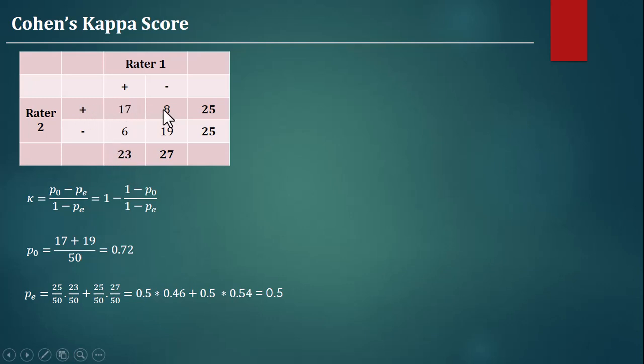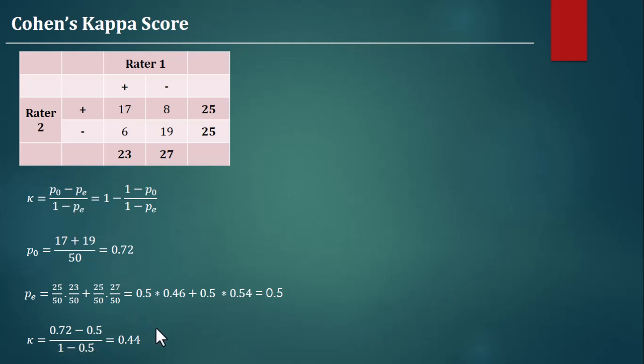So we go row-wise, looking at the agreement on positive samples, so that is 25 by 50 and 23 by 50, the probability of positive. Similarly for negative we follow this column and this row, so that will be 25 by 50 times 27 by 50. So that gives us 0.5 times 0.46 plus 0.5 times 0.54, so PE is 0.5. And from these two values of P0 and PE, we can compute the Kappa score. We put the values of P0 and PE in this equation, and the Kappa score is 0.44.